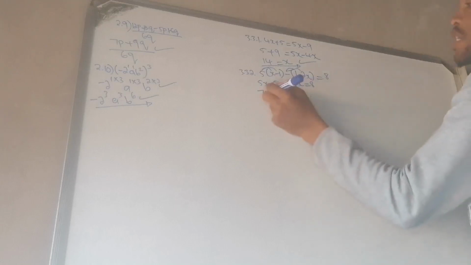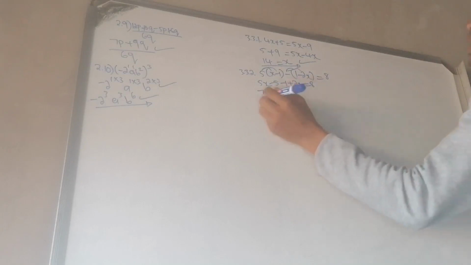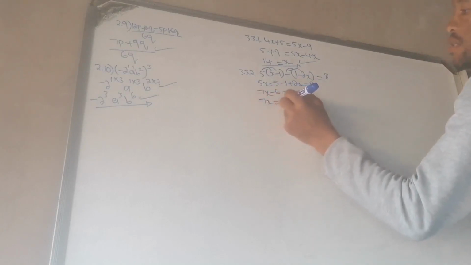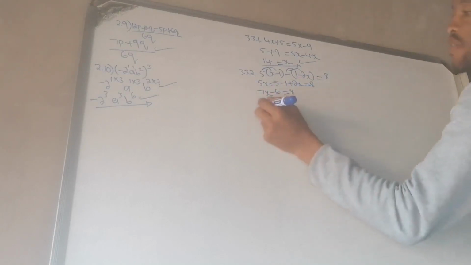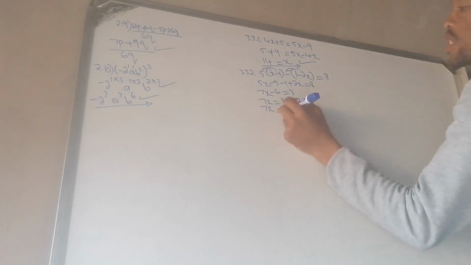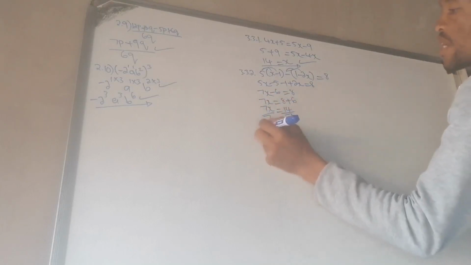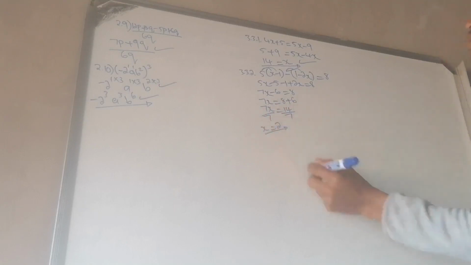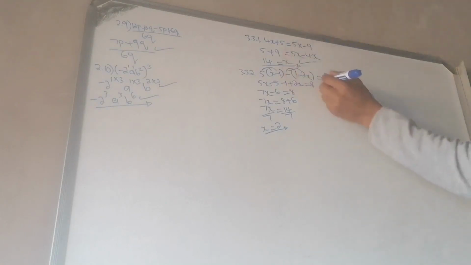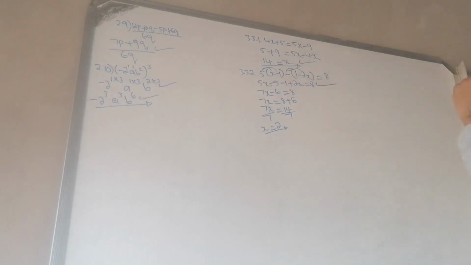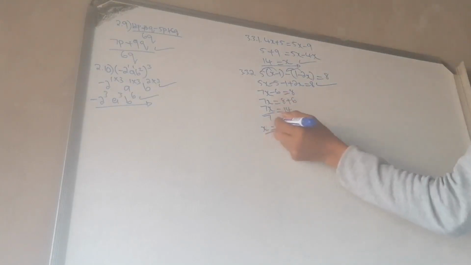Minus 5 minus 1 is minus 6, equals 8. Take this to the other side: 7x equals 14. Divide by 7, x equals 2. Simple stuff. Very, very simple stuff. 1 mark for multiplication, 2 marks in total.